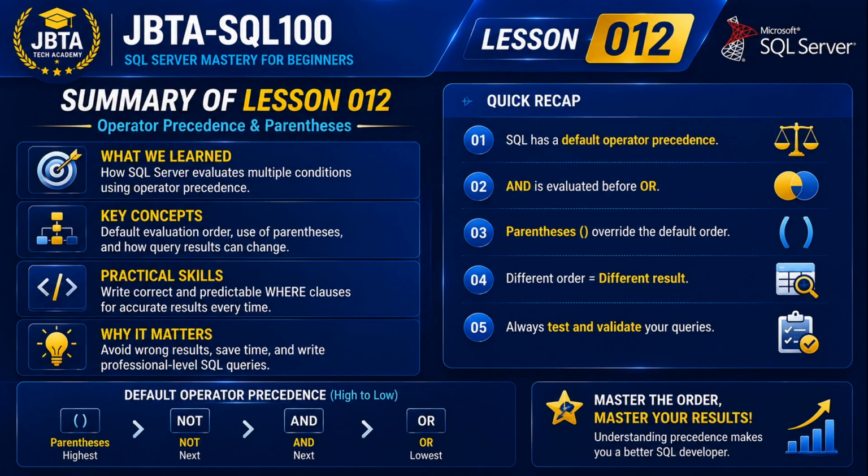These are just a few examples. In reality, almost every business application uses the order by clause. Employee reports, sales reports, customer lists, inventory reports, financial statements, hospital records, student management systems.